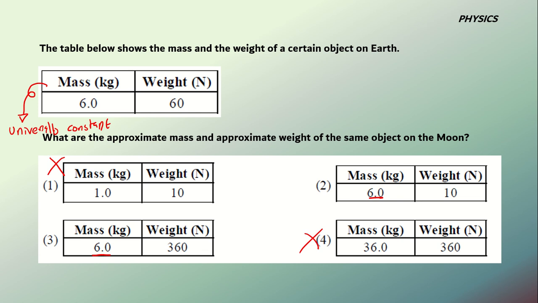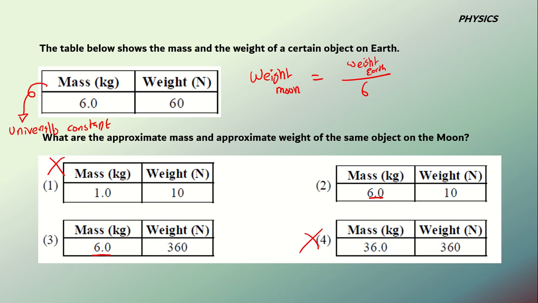Now let's look at the weight. The weight of an object, which is a force represented by newtons, is different based on the size of the Earth, the Moon, or any other planet it is in. And approximately the weight of an object on Moon is 1/6 of the weight of the object on Earth.